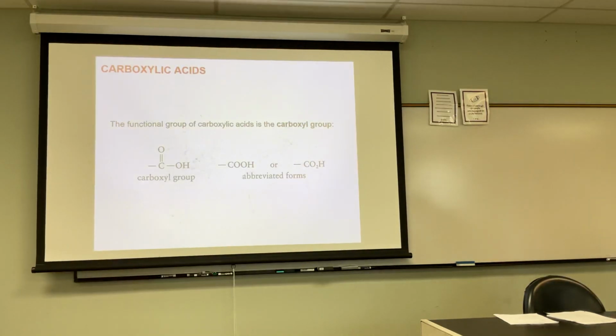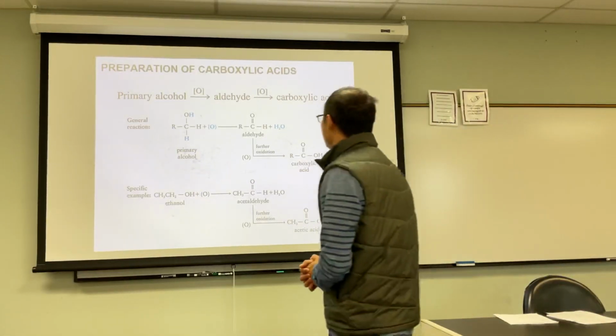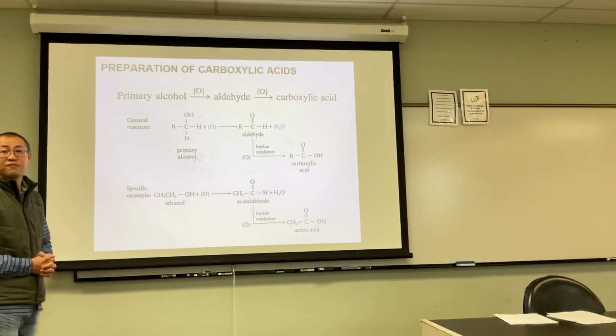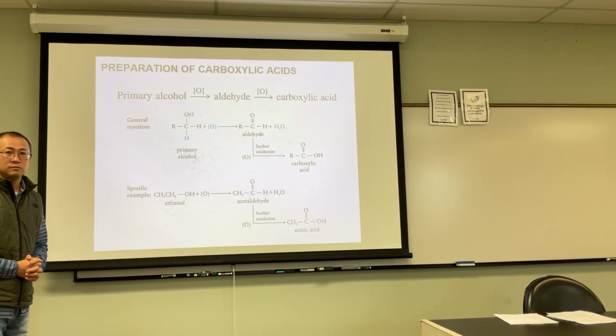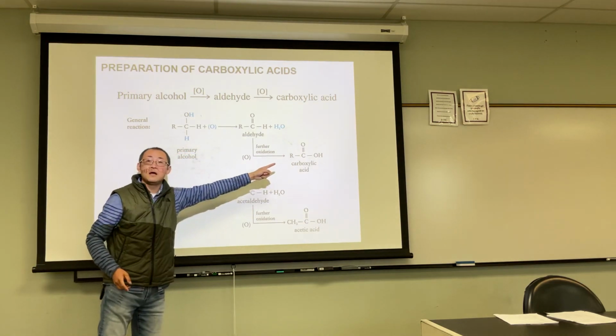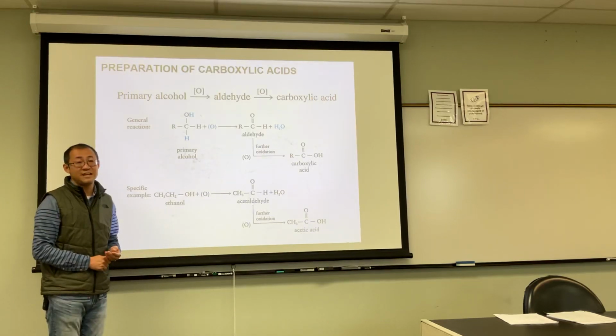Okay, carboxyl group. And like we said, you have seen the functional group of carboxylic acid in chapter 4 already. Where have we seen it? In the oxidation of aldehyde. We have those in the test as well.